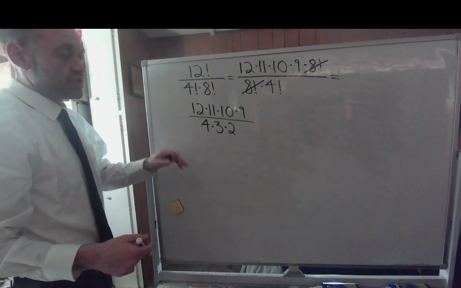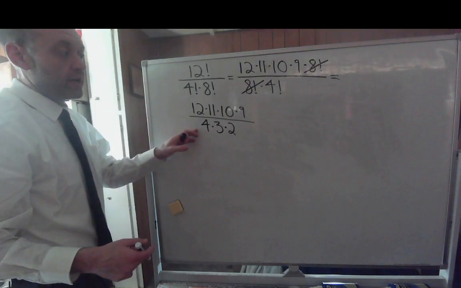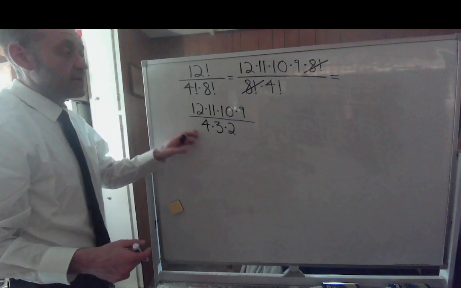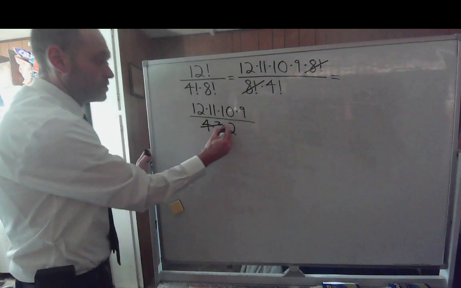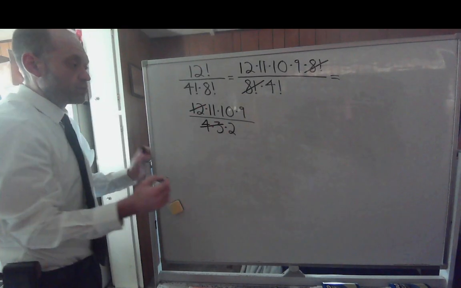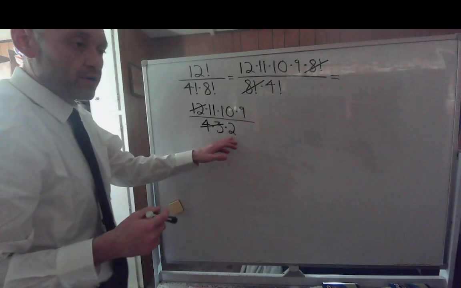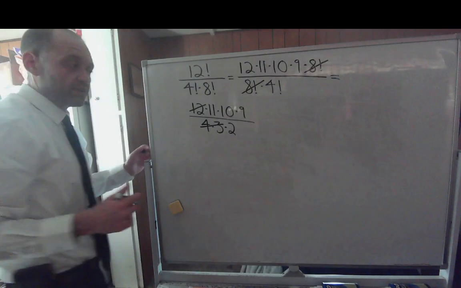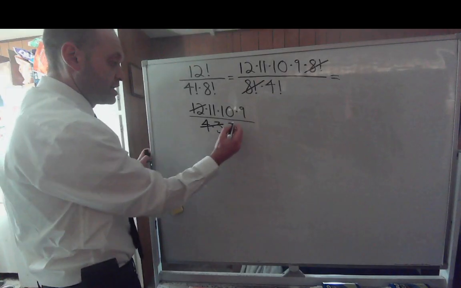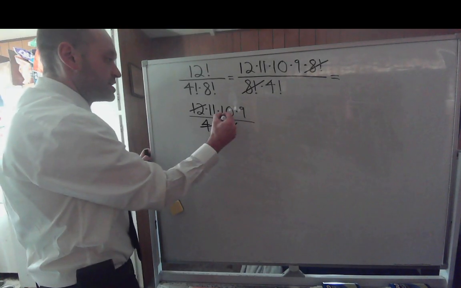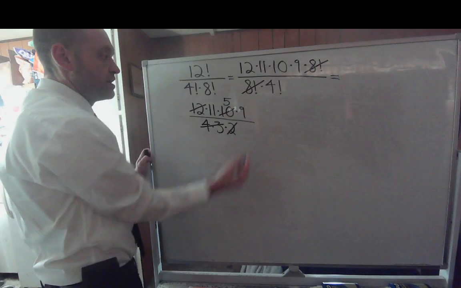Well, notice between the numerator and denominator, we have a 12 that'll cancel, right? 4 times 3 is 12. That'll cancel with the 12. Now we just have a 2 here in the denominator. That'll definitely reduce with the 10. The 2 will be gone. 10 divided by 2 is 5.